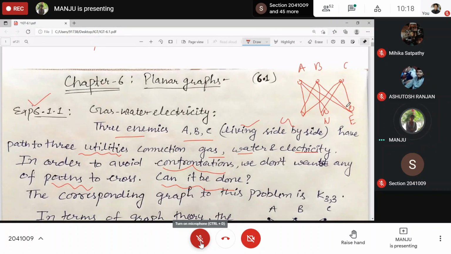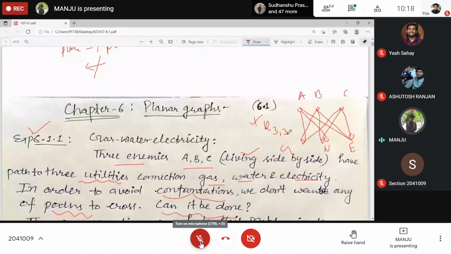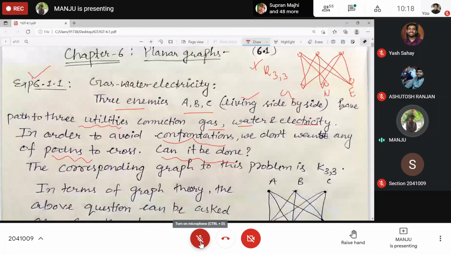Can we redraw this graph such that no two edges cross each other? Which graph is this? K3,3. Clear? So is K3,3 planar? No, ma'am. So it cannot be done. Their fight is certain, right?